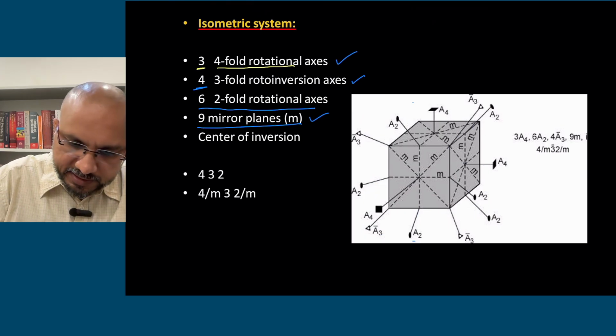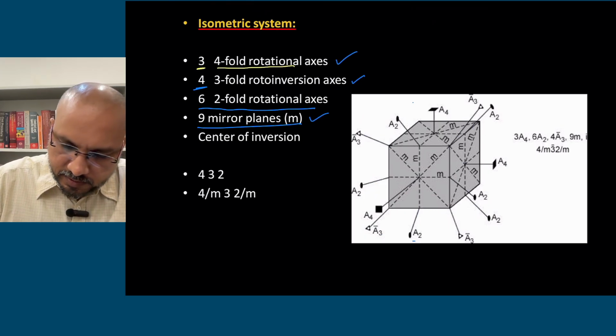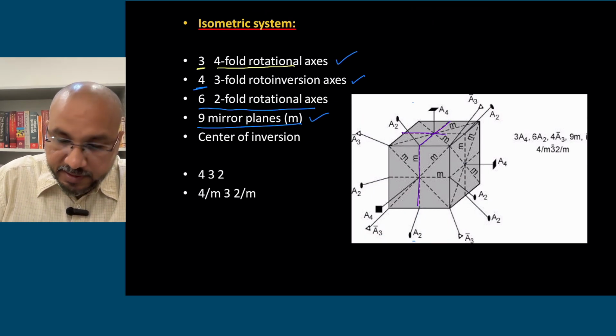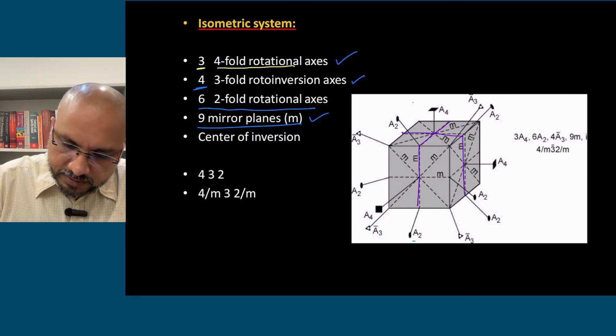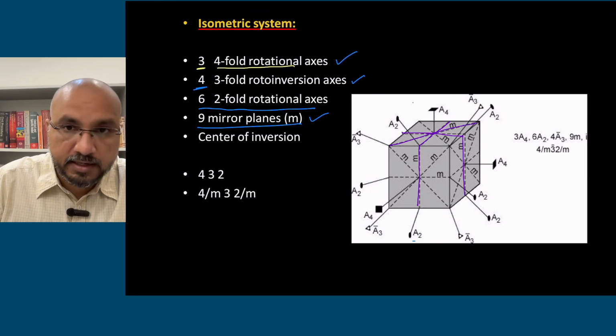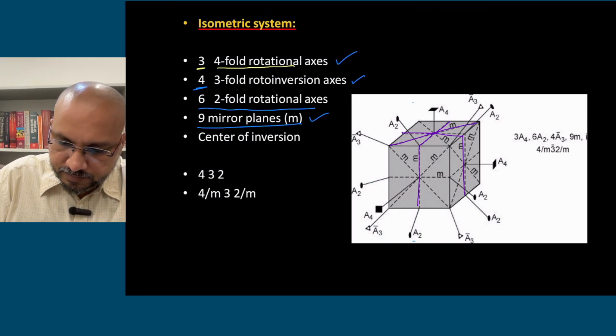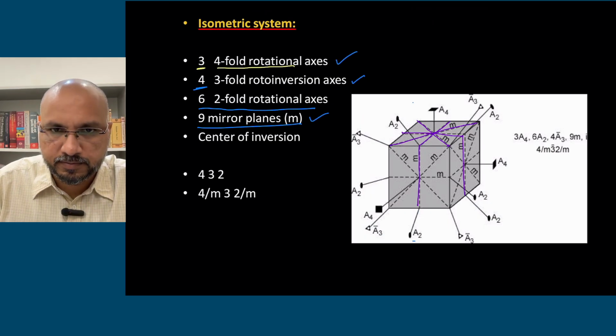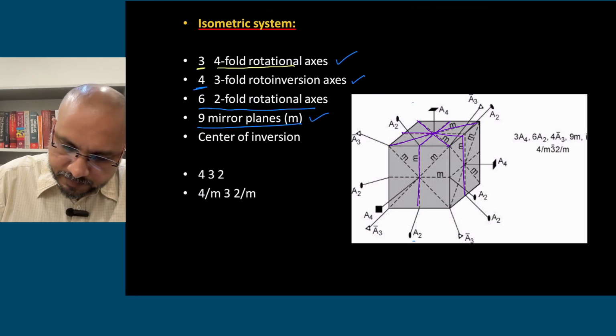So let us look at the mirror planes. One mirror plane, this is a vertical mirror plane, that is one. Second vertical mirror plane is this one, right? Third, diagonal plane. Fourth, this one. Fifth is horizontal, right?